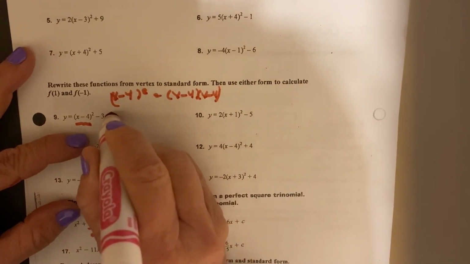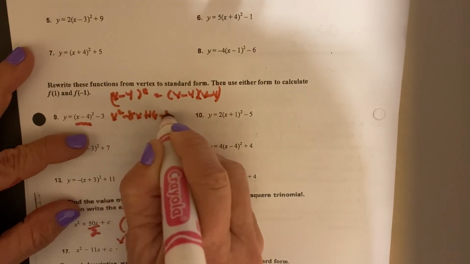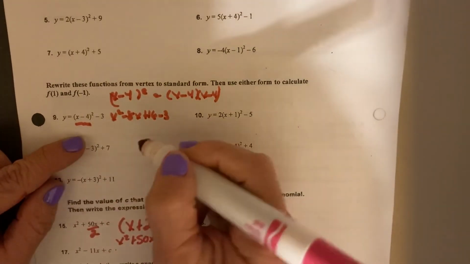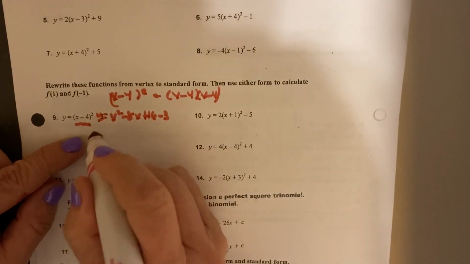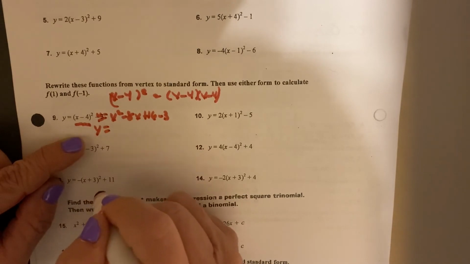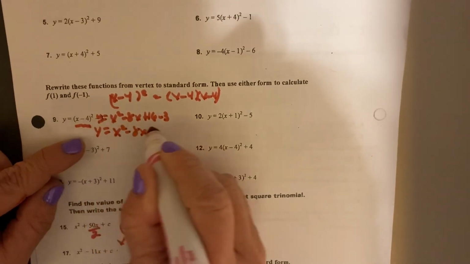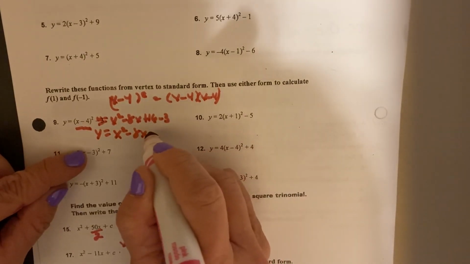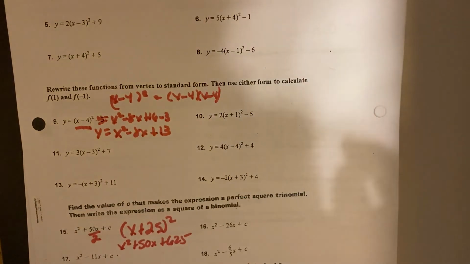And so that becomes x squared minus 8x plus 16 minus 3. So y is equal to x squared minus 8x, and then 16 minus 3 is going to be a plus 13. And then from there, you'll go in and evaluate it.